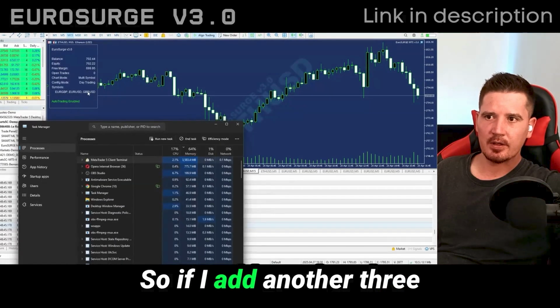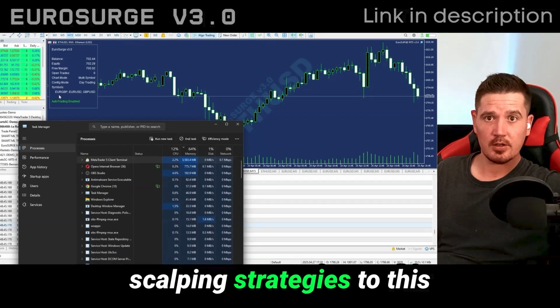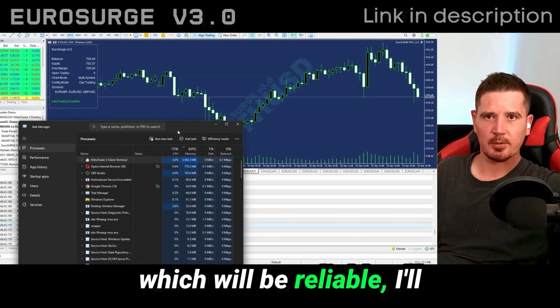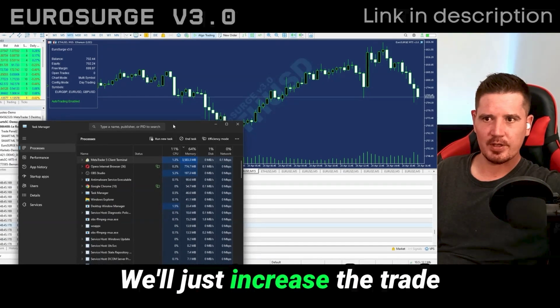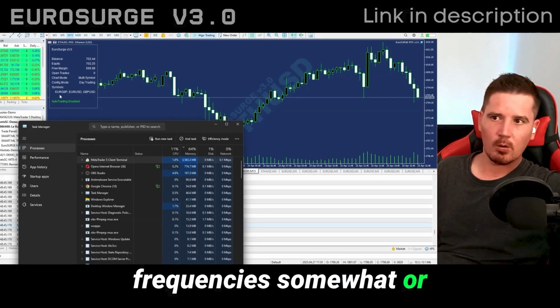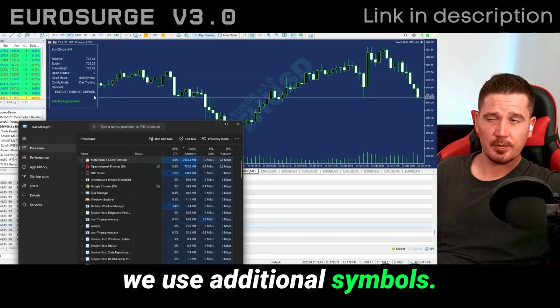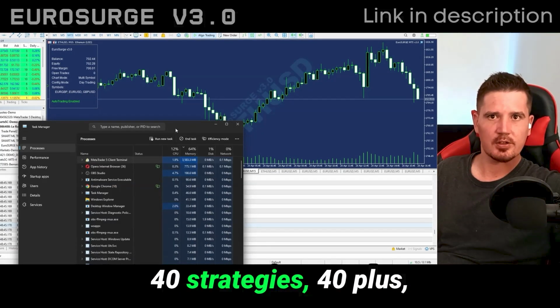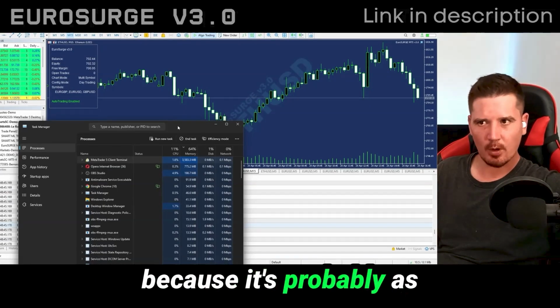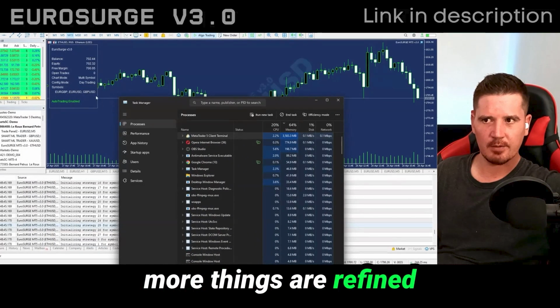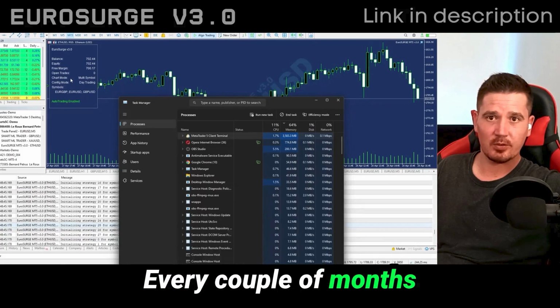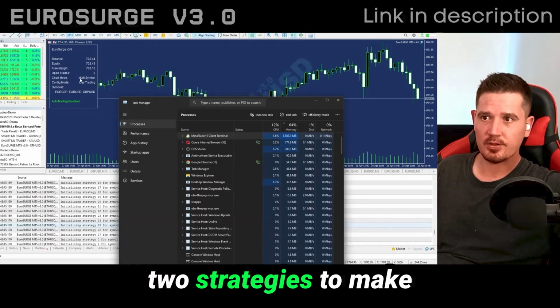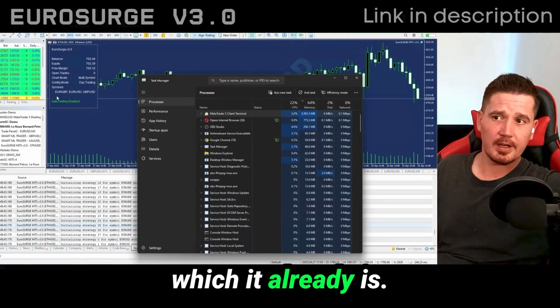So if I add another 3 scalping strategies to this, which will be reliable, I'll use the same concept. We'll just increase the trade frequency somewhat, or we use additional symbols. But at the end of the day, if we add another additional 40 strategies, 40 plus, because it's probably, as more things are refined and more things are added, every couple of months we add another 1 or 2 strategies to make it a bit more robust, which it already is.